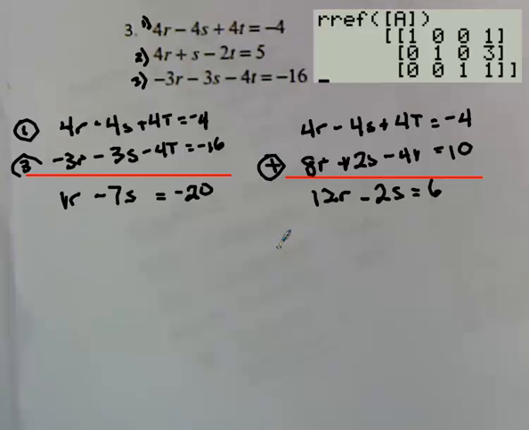If we wanted to get rid of r's, if we multiply this equation by negative 12, here I'm going to get negative 12r plus 84s equals positive 240.